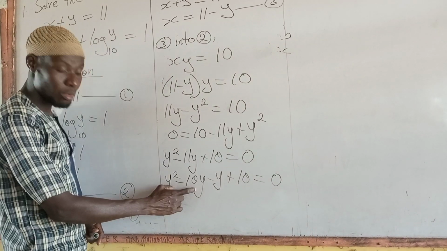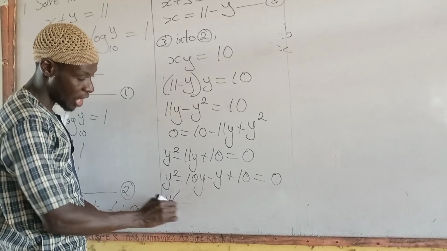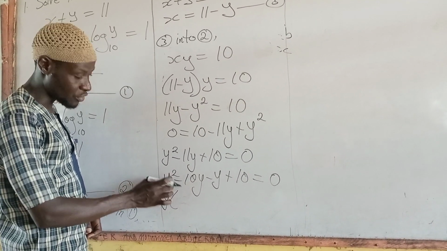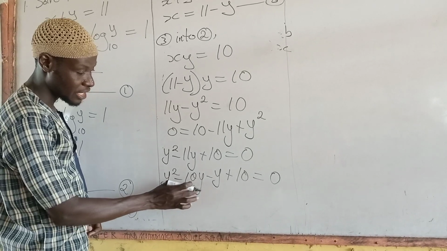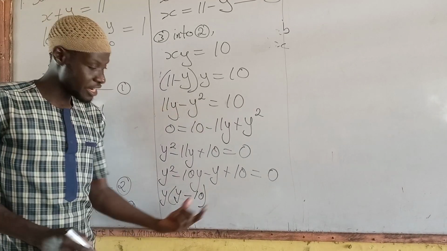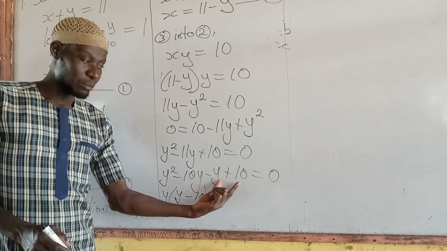Here, the common factor is y. So factorize y out. We have y, bracket open. If you factorize y out from here, it will end with y minus 10. Then here, the common factor is minus 1.